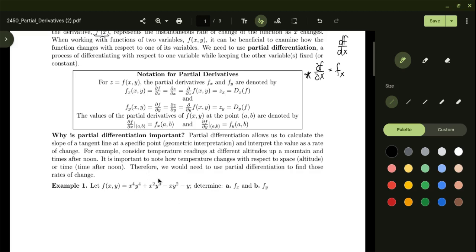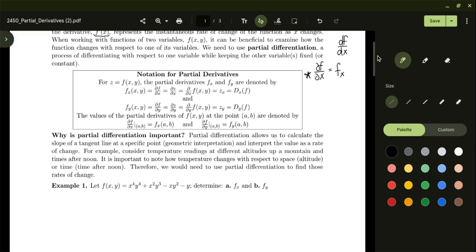Here we could see how the temperature changes with respect to the altitude alone. In that case, we'd be taking the partial derivative with respect to the altitude, or seeing how the temperature changes with respect to the time after noon. In that case, we take the partial derivative of our function with respect to the variable that's representing the time after noon. So that's a case where we would use partial differentiation.